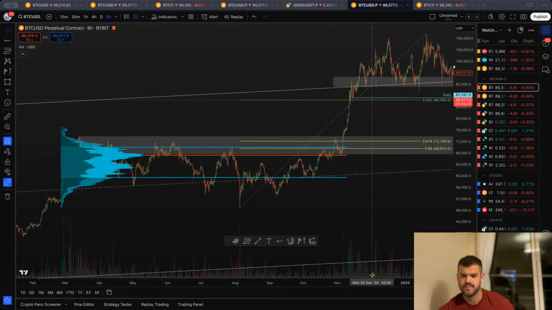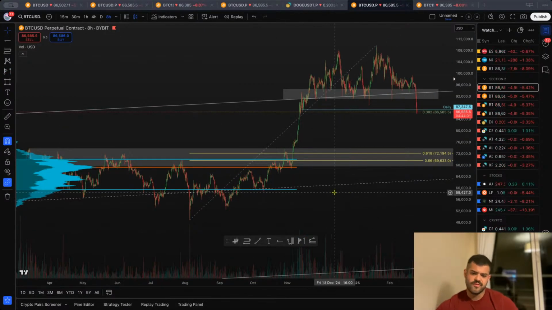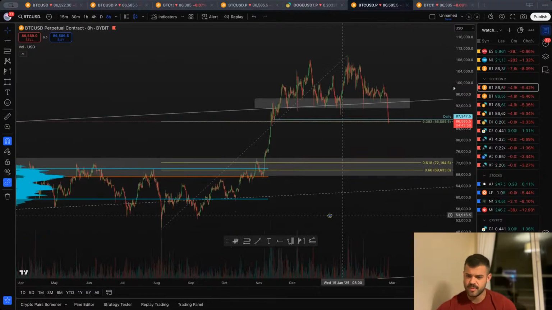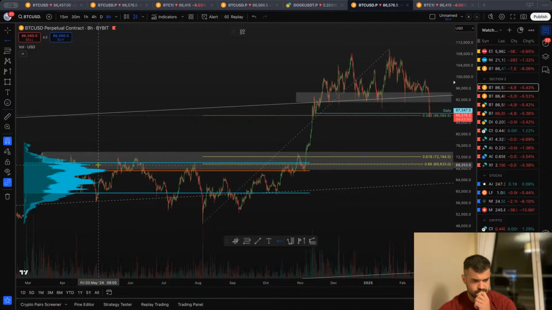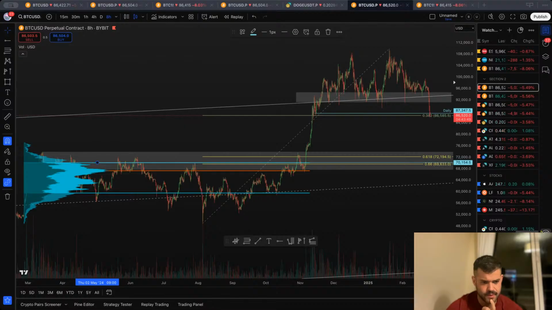So we have the value area high of that range as well, coming in at the bottom of the golden pocket. That's really inaccurate, my friend. So that's the value area high of that previous range.